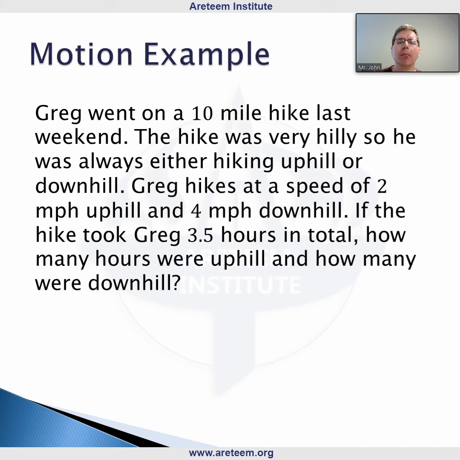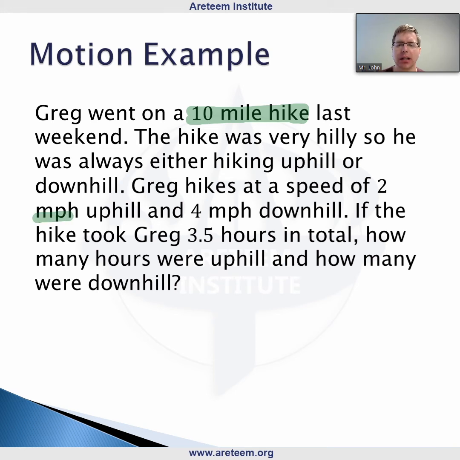So here we have a motion example. Greg is going on a hike. I'm going to highlight all of our important information. Greg went on a 10-mile hike last weekend. The hike was very hilly, so he's always hiking uphill or downhill.